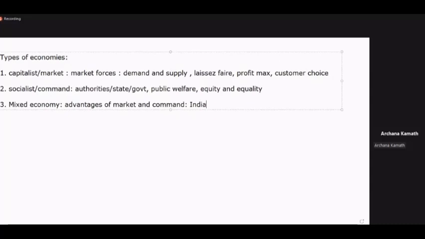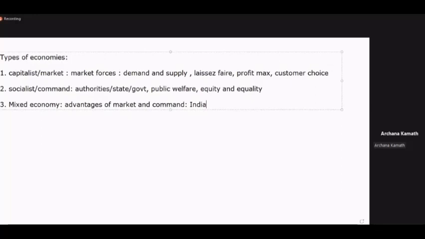And when you ask for a particular example for capitalist economy, we had learned in our high school social science that developed economies are generally capitalist in nature, and USA and England are said to be examples. But in today's world, you can never say there is a good example of a pure capitalist market. Even in USA and England, there is a part of the government that controls economic activity.